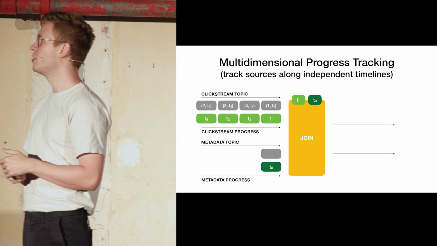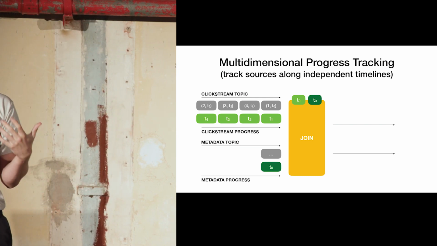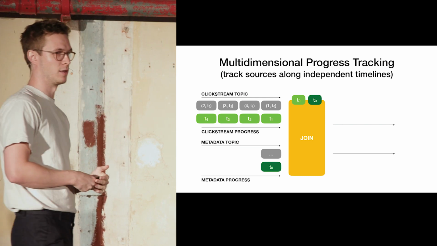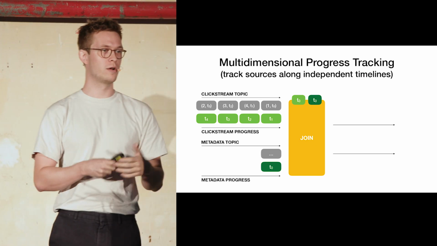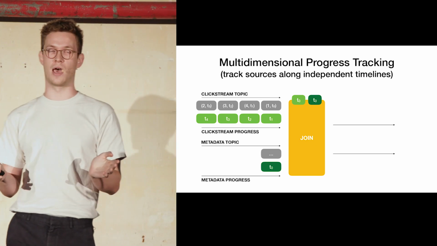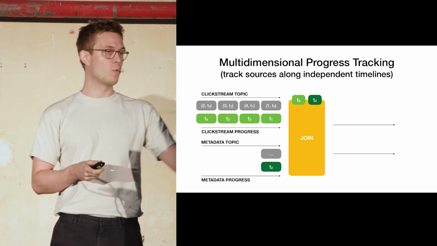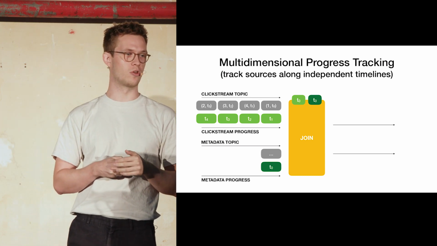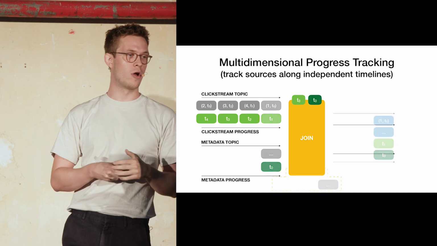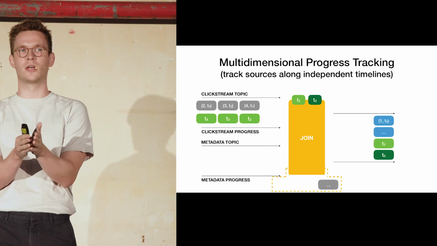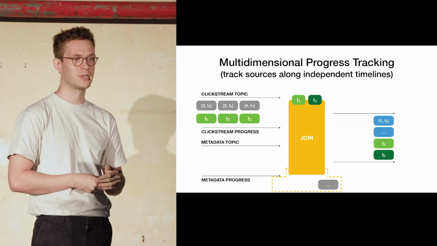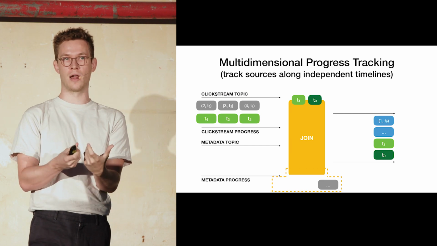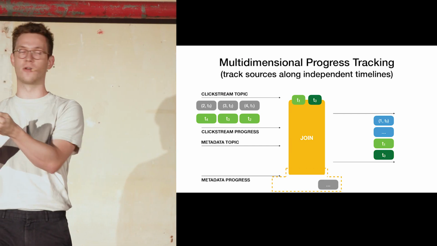And this is where Timely really shines. It introduces a multidimensional time semantic. So this time, we're tracking sources along independent timelines. And this way, when we now ingest something at T1, so from the clickstream topic, and join it with the metadata topic, we can just independently look at our timestamps and produce a correct result as of that combination of times.